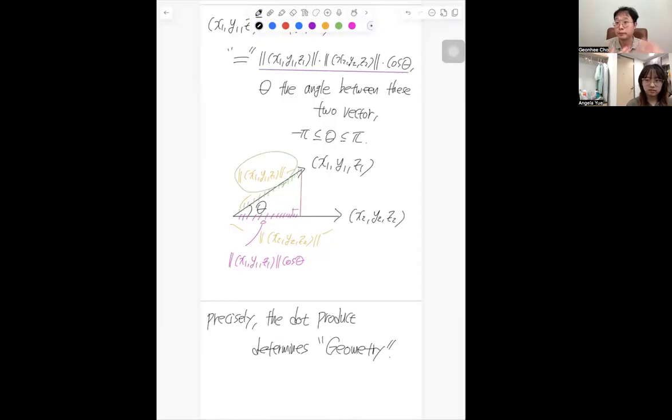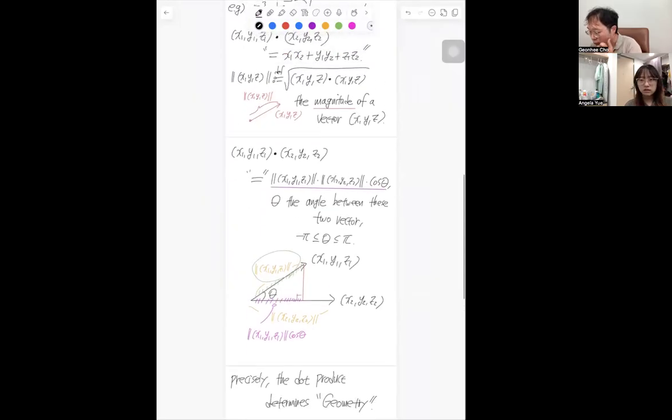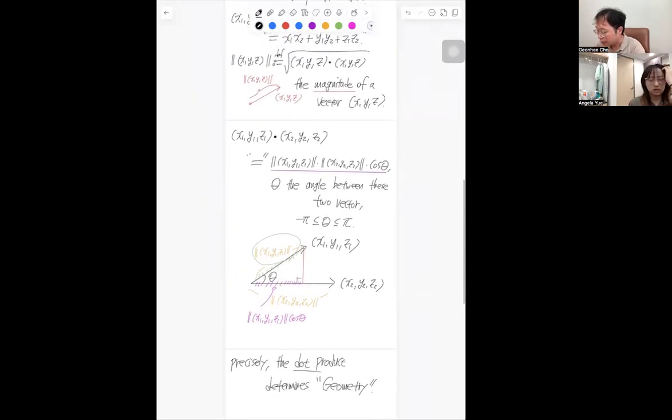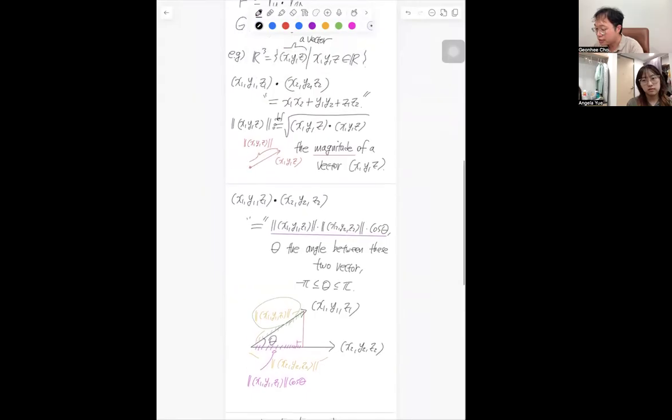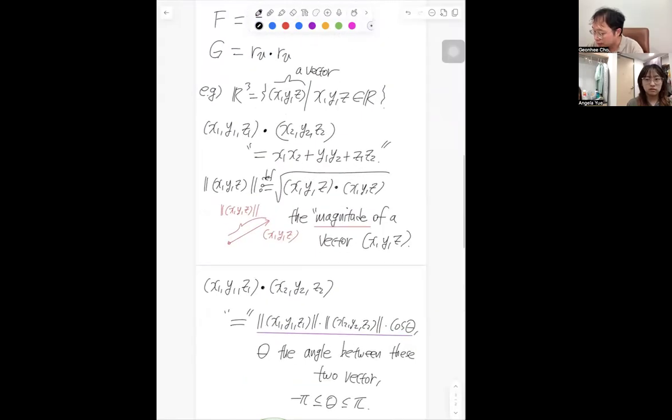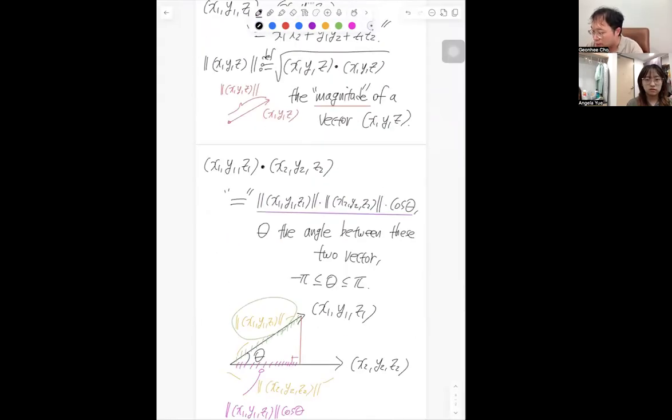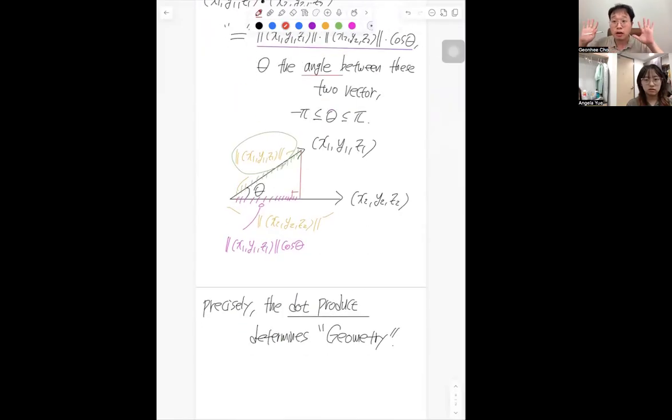Those are branches of geometry, because geometry is the mathematics where we care about quantity. And here, what you can see is that the dot product governs the magnitude, and also it governs the angle. So the dot product determines all the necessary quantities that we'd like to care about.